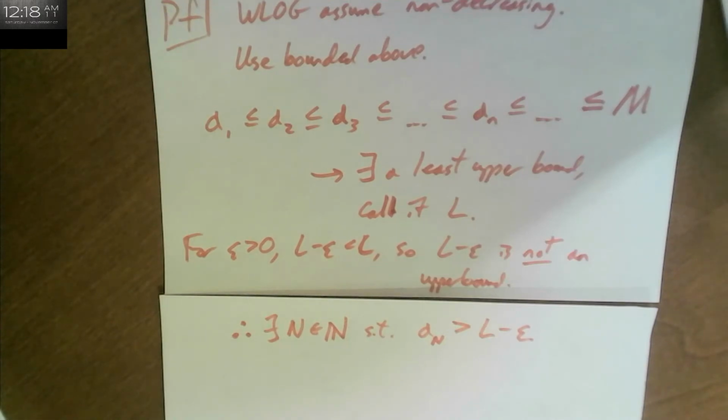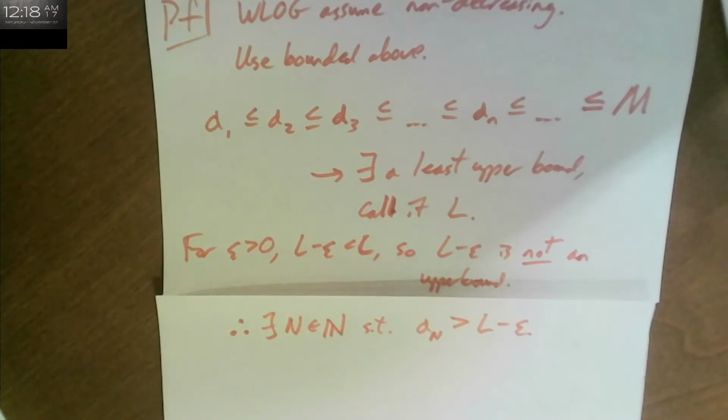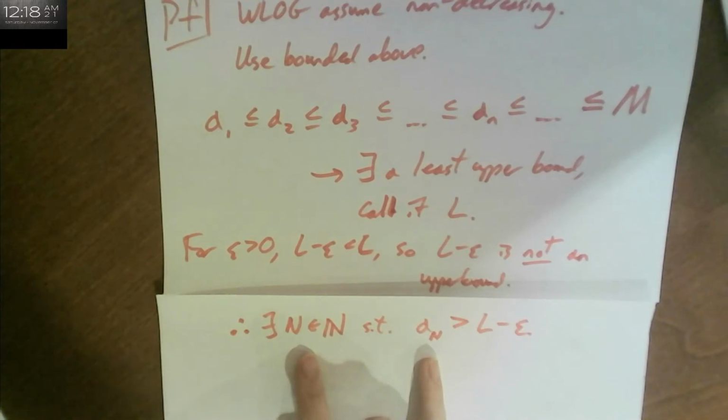If something is not an upper bound, I must at some point be bigger than that number, bigger than L minus epsilon. I don't know what it is. Maybe it's A sub 5. Maybe it's A sub 4002. Whatever, though, eventually I have some term that's bigger than L minus anything, no matter what that anything is.